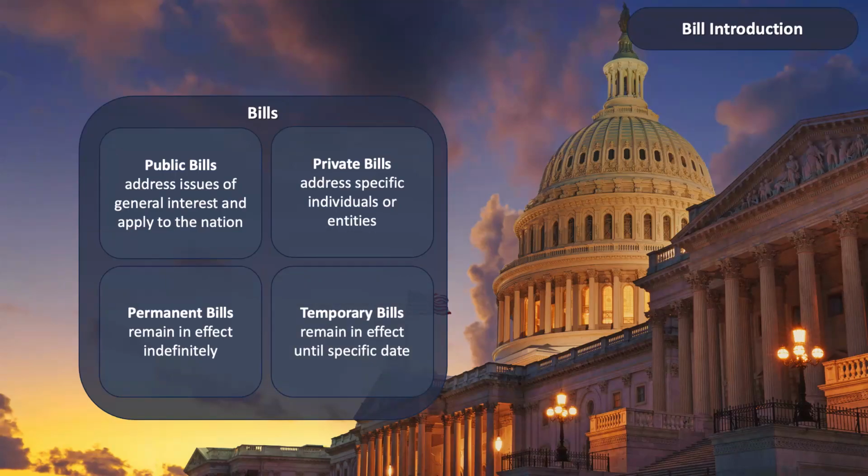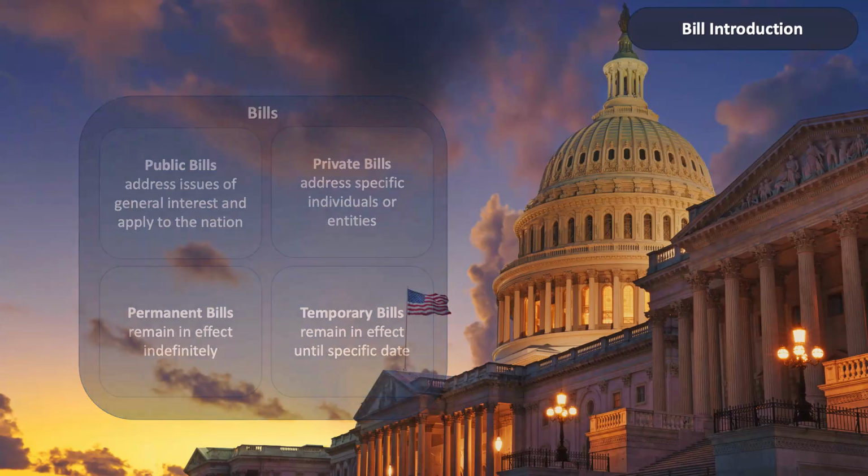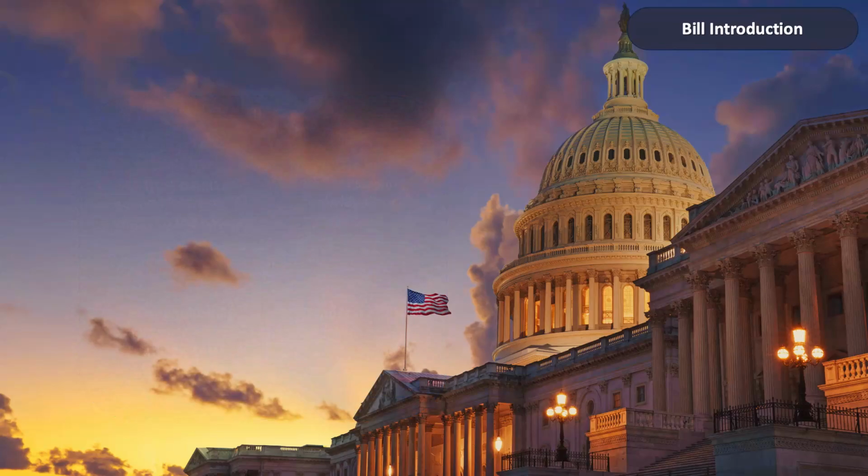These laws automatically expire or sunset at a predetermined date unless they are extended by further legislative action. This approach allows Congress to review and assess the effectiveness of the laws before deciding whether to extend, amend, or allow it to expire.